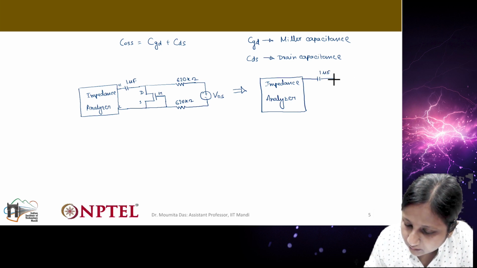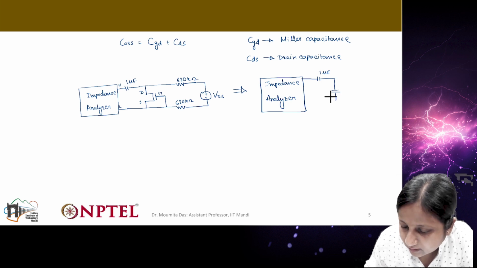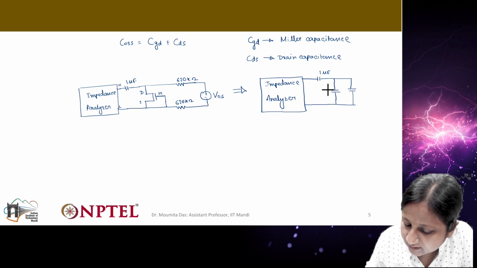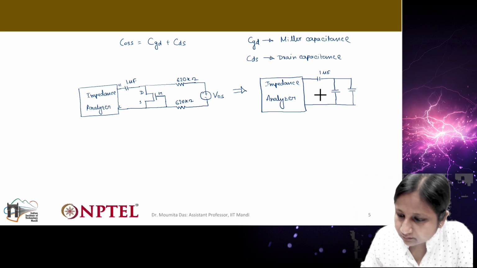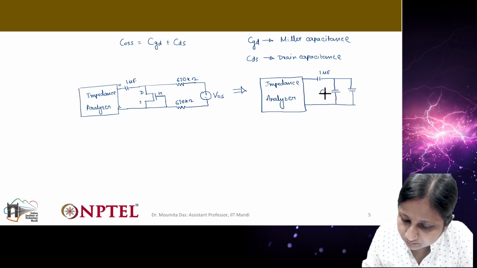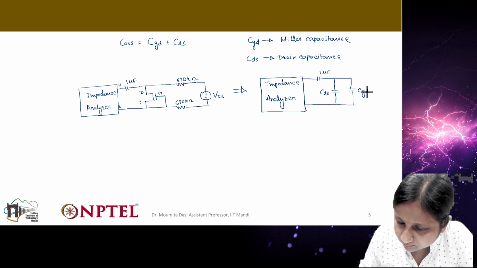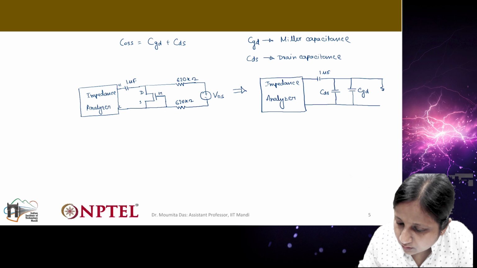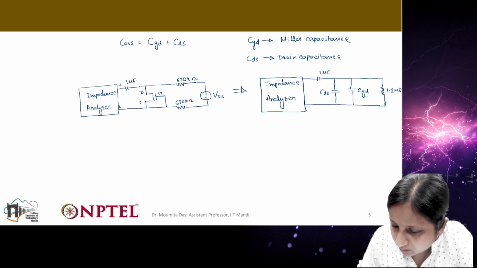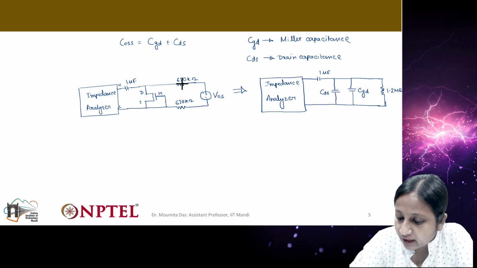Then this will be connected to two different capacitances in parallel, which you already know, CGD and CDS, which will be connected to a resistance of 1.2 mega ohm, because the two 620 kilo ohm resistances will add up to give 1.2 mega ohm total.